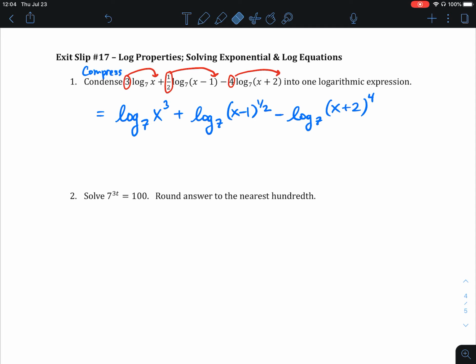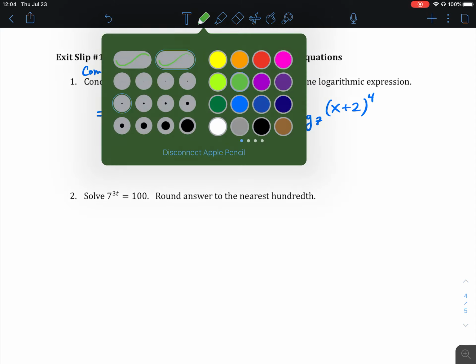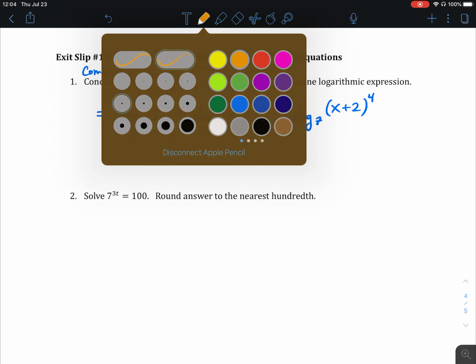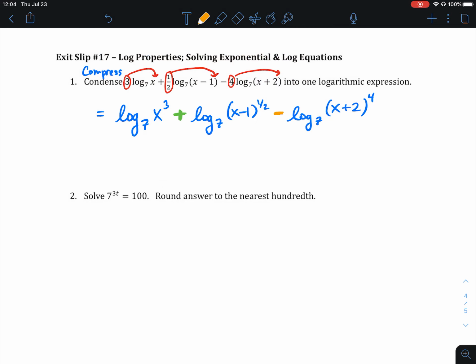Now I'm just going to focus on the remaining operations of addition and subtraction. Let's focus on the addition of the logs. We know addition is going to use the product property, and then we'll also focus together on the subtraction. When two logs are being added, that means when we compress it to a single log, those arguments will be multiplied.